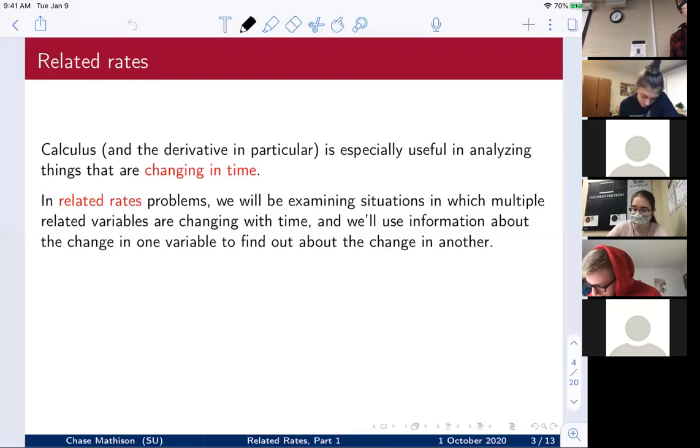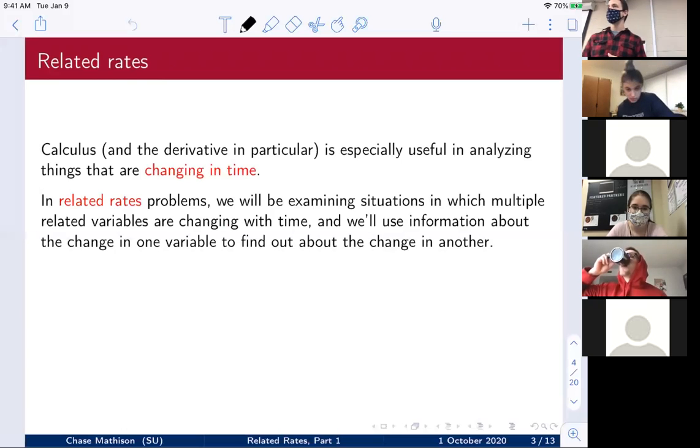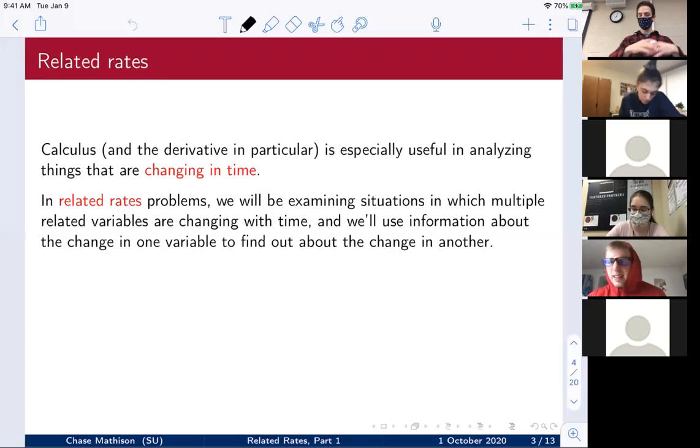Further, we're going to assume that all the variables we're looking at are themselves functions of t, changing with time. The whole idea behind a related rates problem is: if I assume all these variables are changing with time, and I know precisely how one variable is changing in time, can I find out how the other variables are also changing in time?